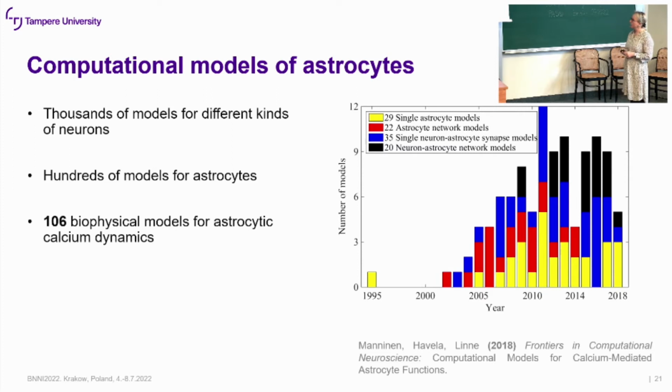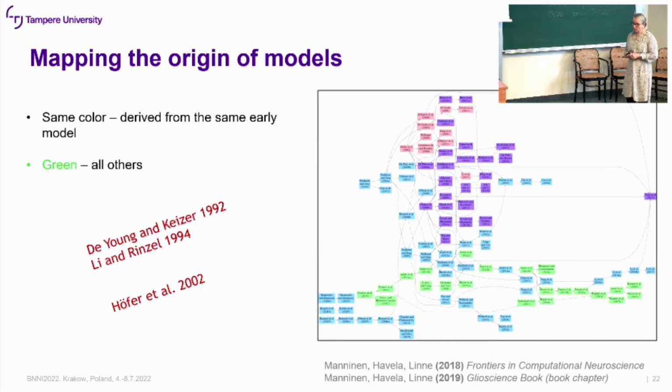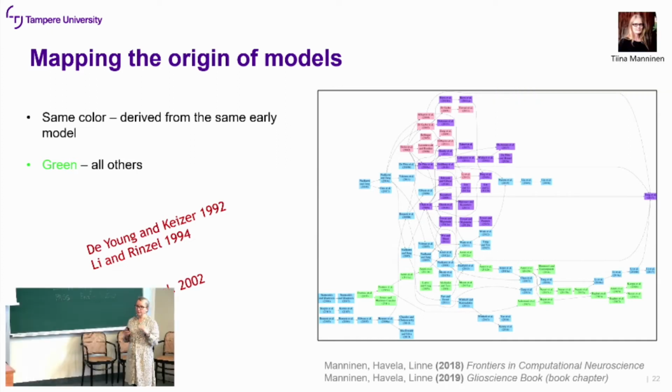All types of models have been built with relatively little knowledge about how this system works, or with very little anatomical detail. We ended up also looking at the mathematical models themselves and came up with this kind of complex figure. I will try to briefly explain it to you. The same color here always indicates that the next model is basically based on the earlier model. So mathematically, not even a single parameter value may vary.